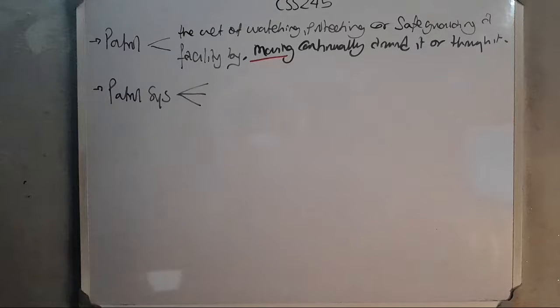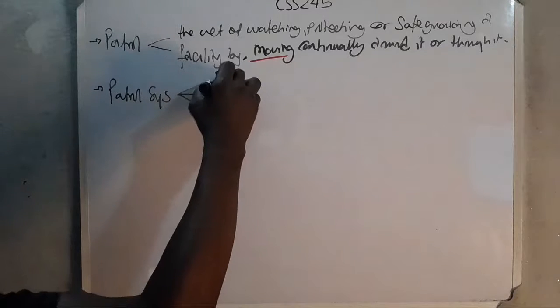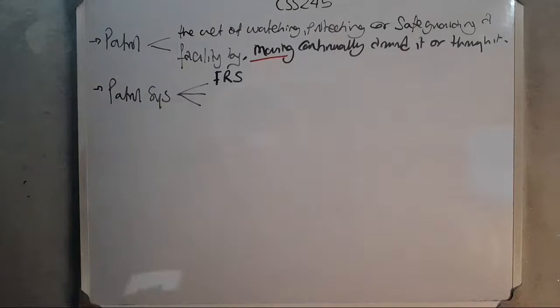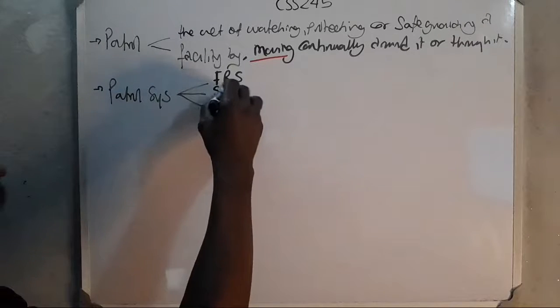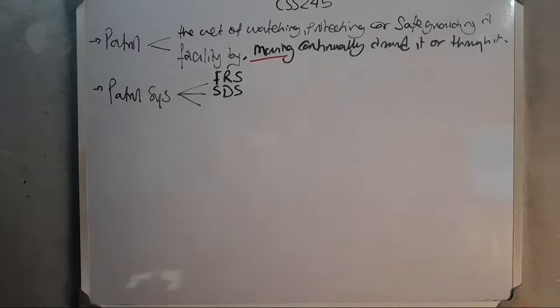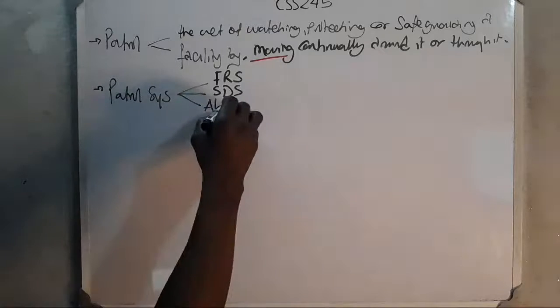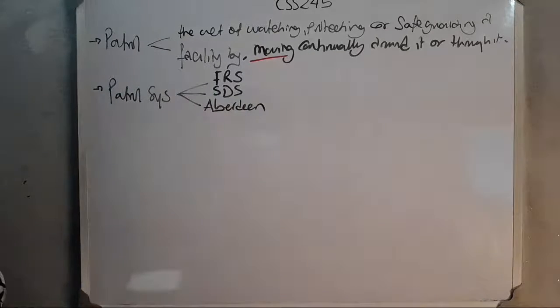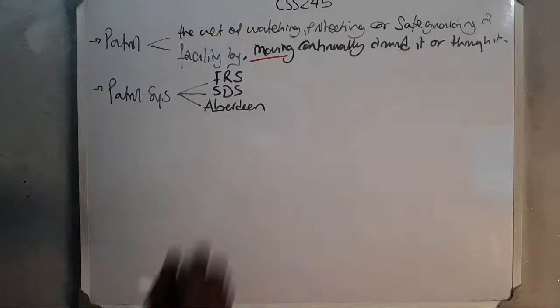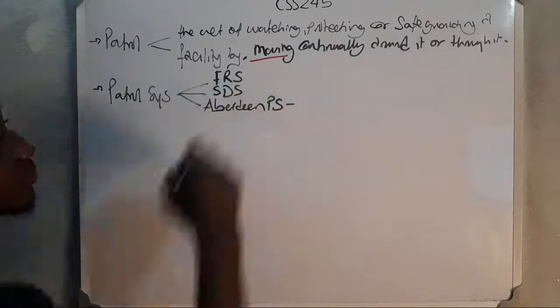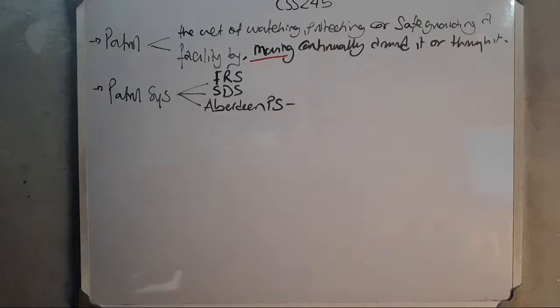We have the fixed route system, the semi-discretionary system, and the third one, which is the Aberdeen patrol system. Let's talk about these three.